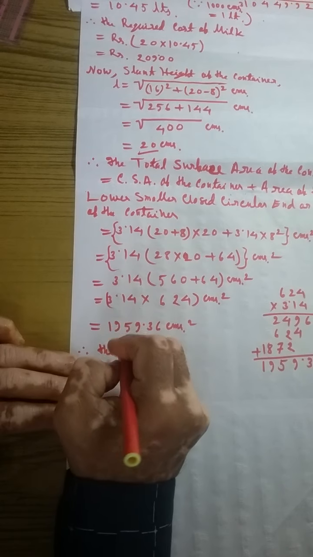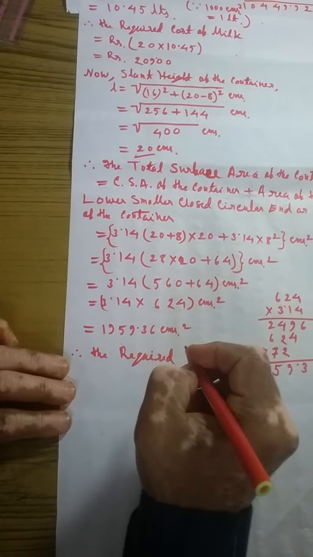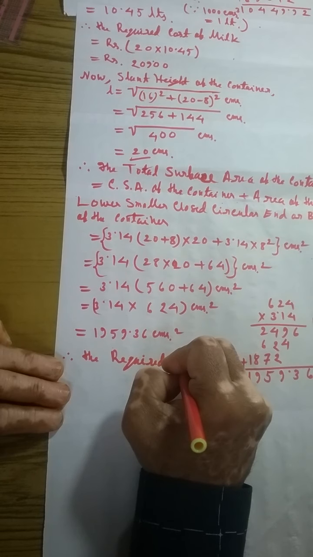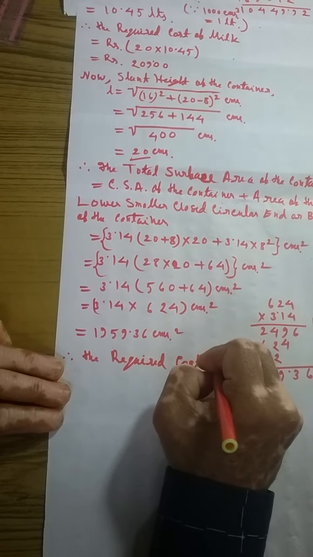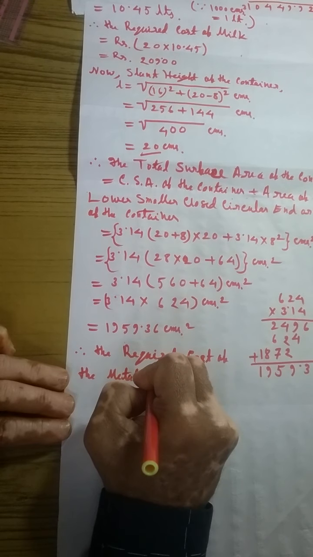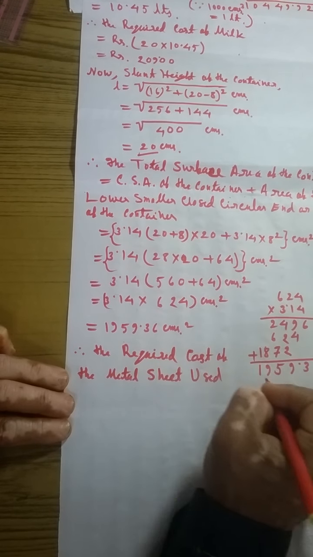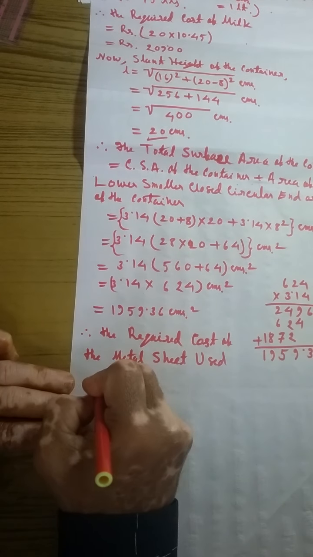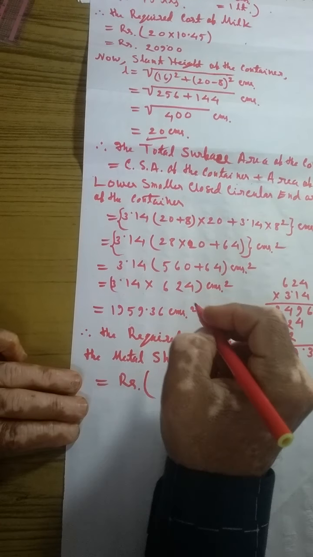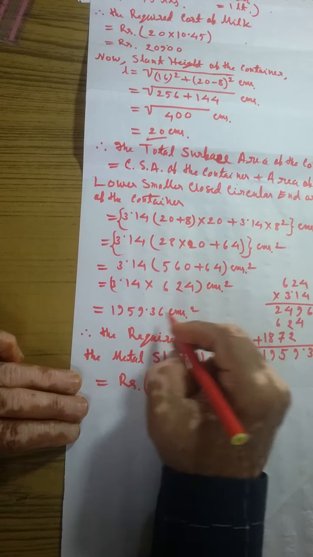Therefore the required cost of the metal sheet used is equal to rupees, according to the question, in 100 centimeters square, rupees 8.